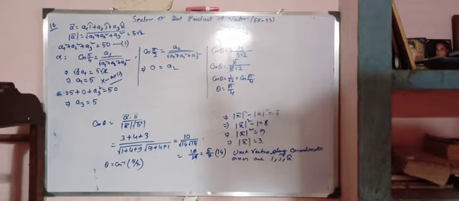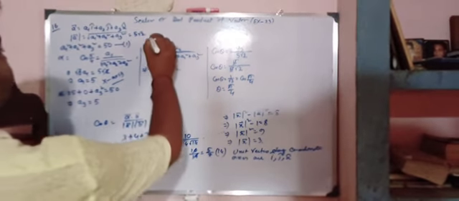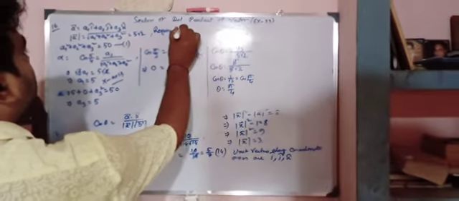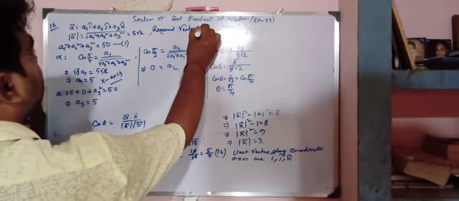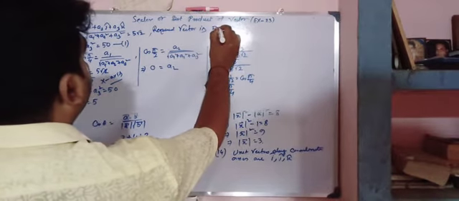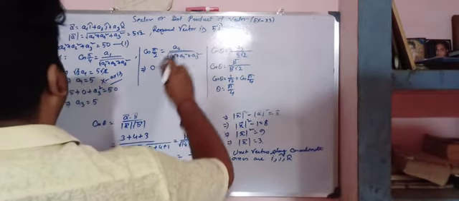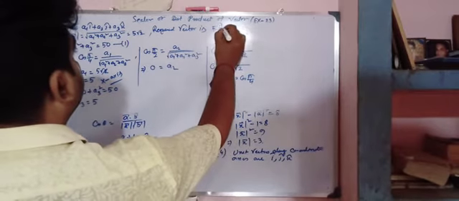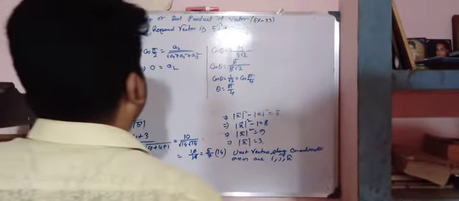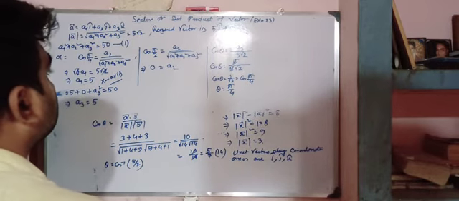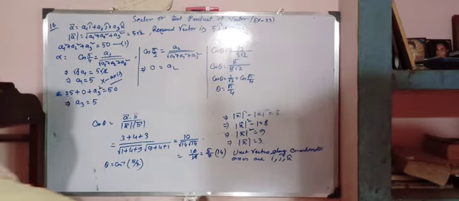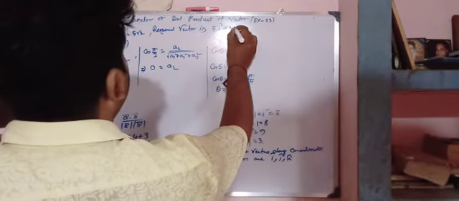And the required vector is how much? The value of A1 is equal to 5, so 5 i hat, plus, now here the value of A3 is equal to 5, 5 k hat.